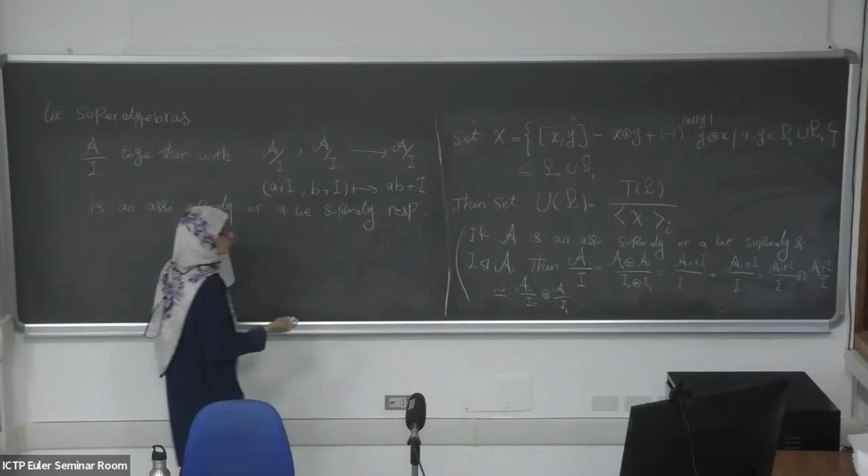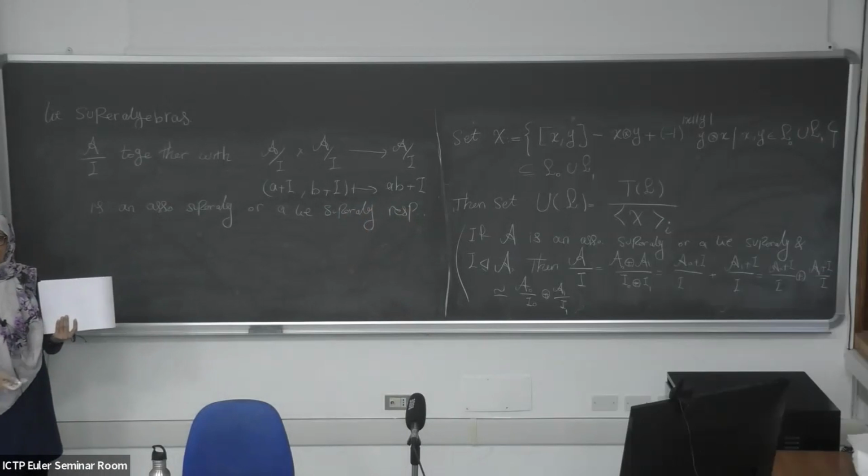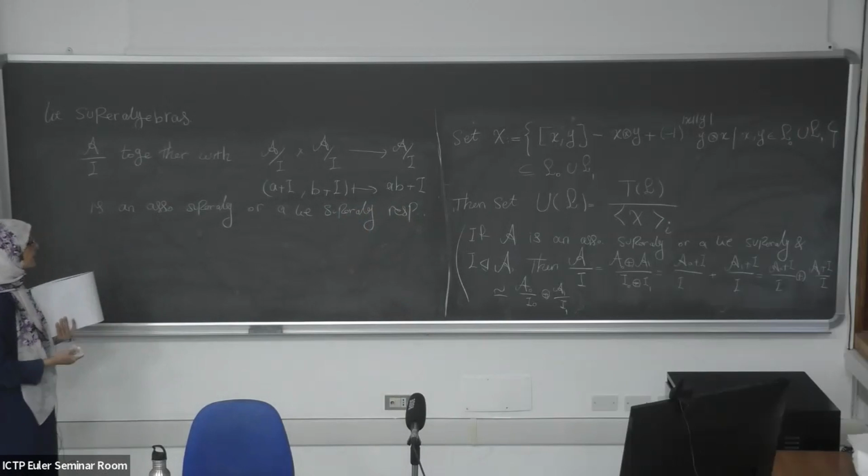If we start with an associative superalgebra, we get an associative superalgebra, and if we start with a Lie superalgebra, we get a Lie superalgebra.